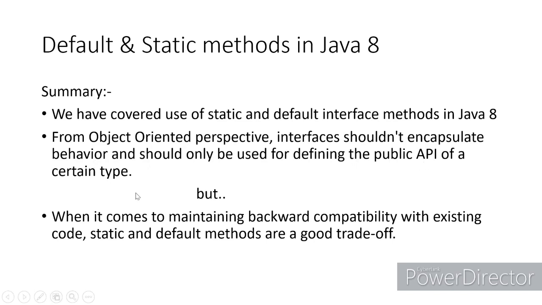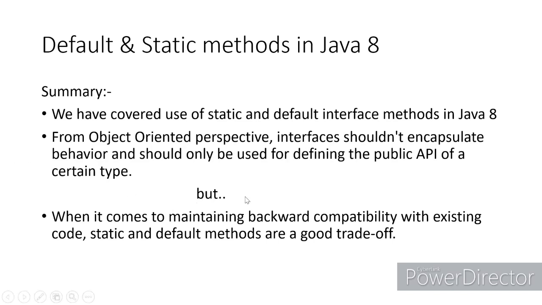Like you have interfaces for many things in Java: for all IO related classes, for JDBC, for everything you have an interface, and it used to only outline the driver interface or any interface, collection interfaces you see. If it is a List interface, it will only outline what all methods should be there in the implementation classes. It never used to give any behavior, but now you can have a little bit of behavior added to it using the default method.